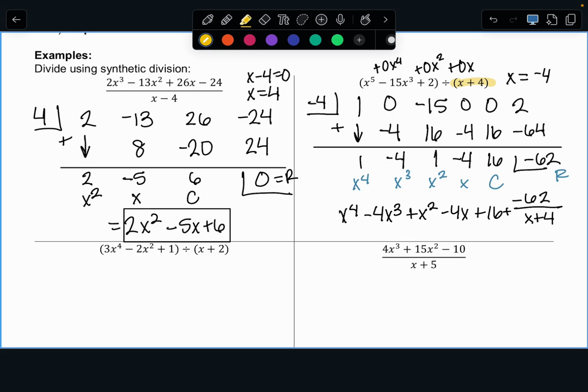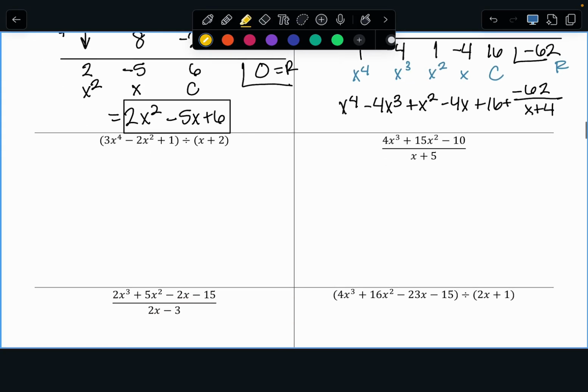All right, let's do these together. It looks like we're kind of wrapping up. What number should go in my box? -2. It's the opposite of whatever's up here. Then I look at my coefficients. My first one's 3. What's after that?